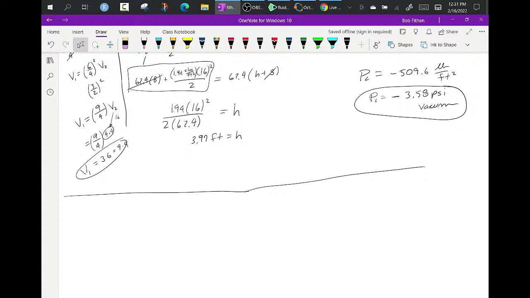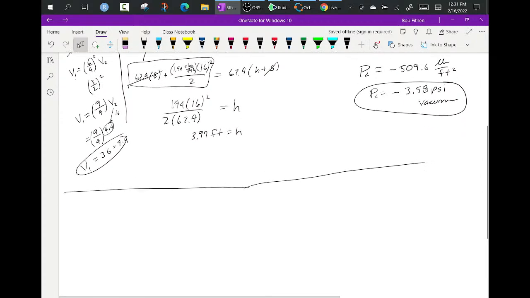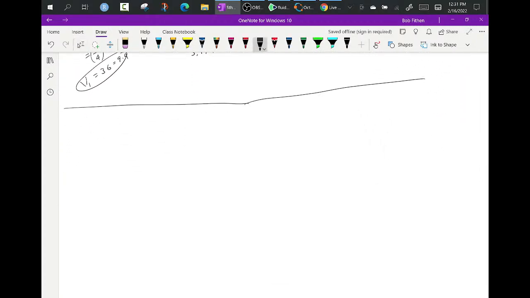Okay, so the fact of the matter is, let's say you had a garden hose. Let's say this is, usually it's 3/4 of an inch diameter. And let's say we were producing maybe 1 cubic foot per minute.